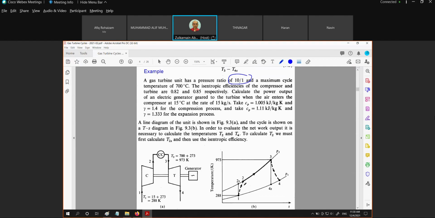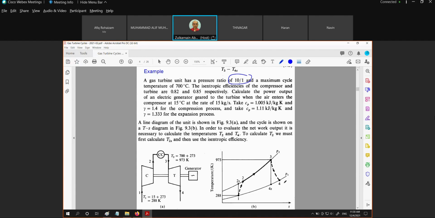So this is how we sketch the TS diagram. So from the schematic diagram, we convert to TS diagram and make sure that we are putting the right compression process, which is we have the 1 to 2S and 1 to 2 because of the isentropic efficiency. And the beginning of heat supply is from 2, not from 2S, but from 2 to 3.